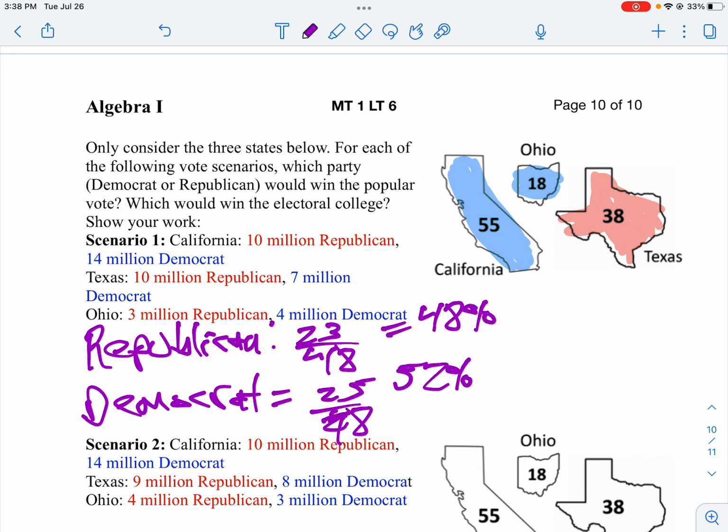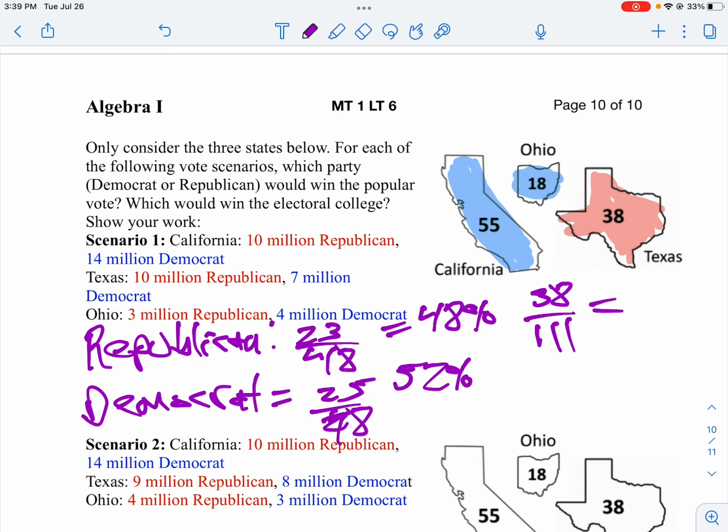However, when we look at the Electoral College, the Republicans are going to have 38 out of 55 plus 18 plus 38, so 38 out of 111 electoral votes.